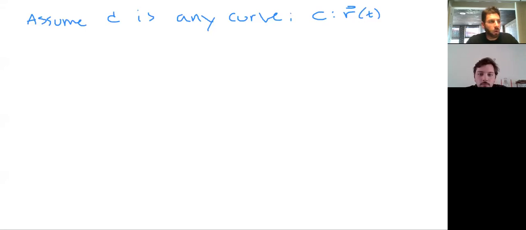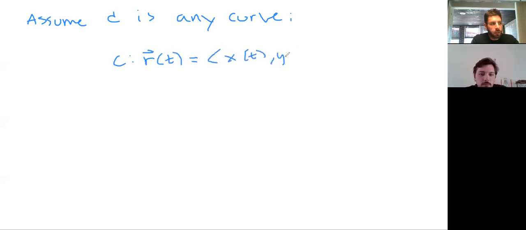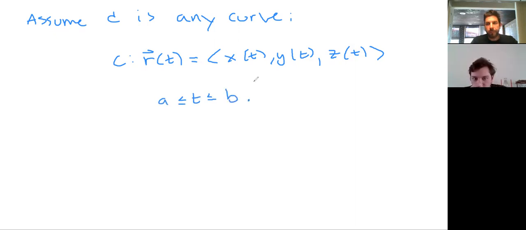If any of this is going to work, we have to describe C using some parametric equation, or if you'd like, some vector equation. So C is r of t, and it has an x component depending on t, a y component depending on t, and a z component that depends on t. And then we have to have a domain for our curve, or where does t range? Well, typically, unless otherwise stated, we say t starts at some value a and ends at some value b.